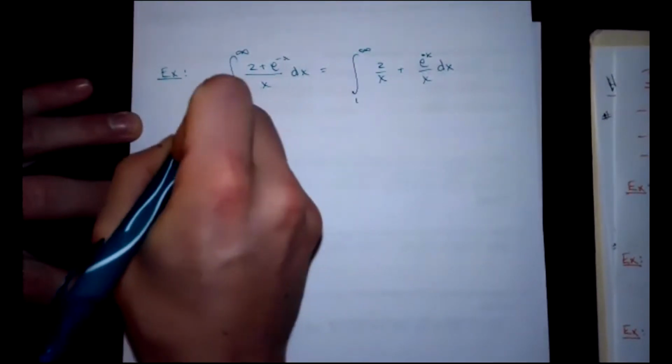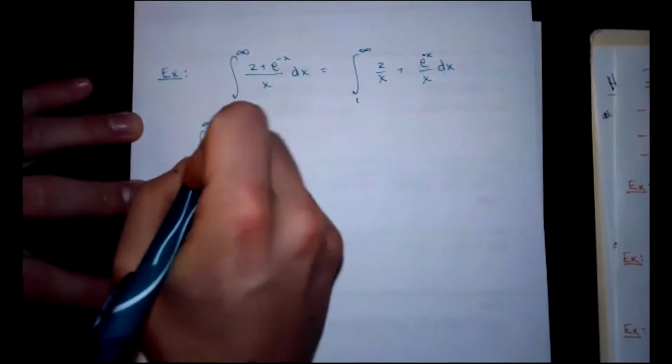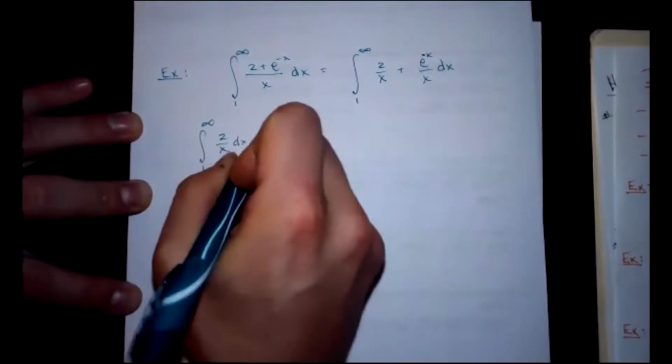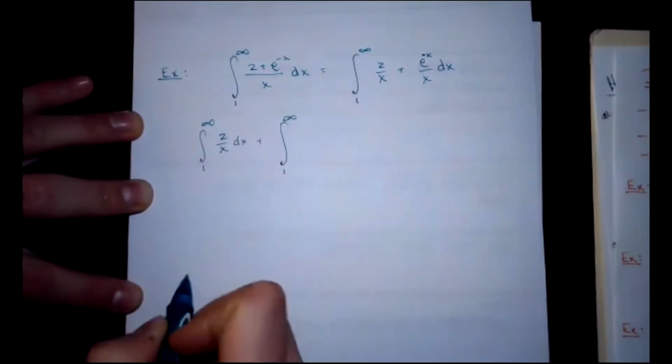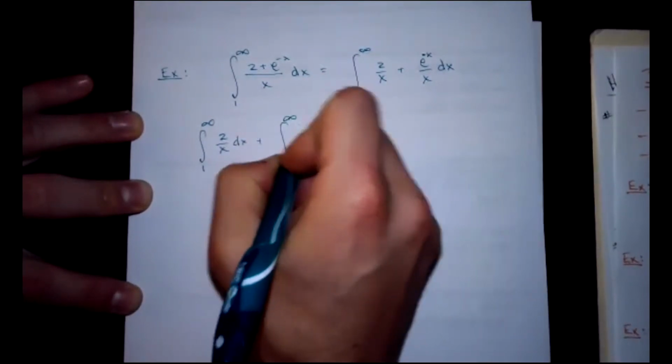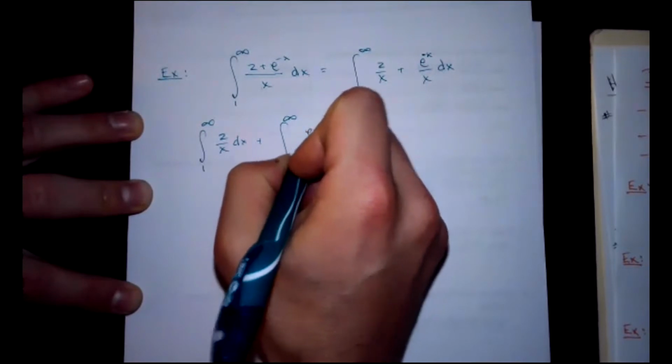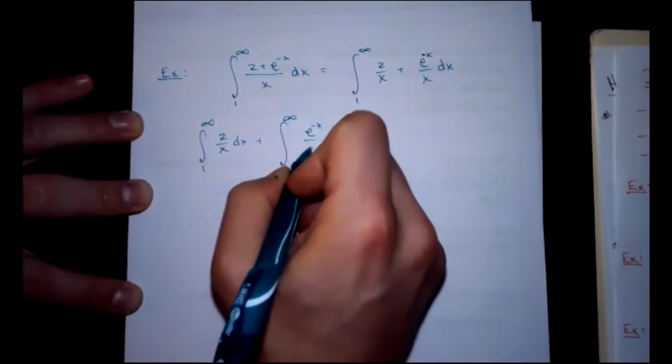Integral of 1 to infinity of 2 over x plus the integral of 1 to infinity of, you can write it as e to the minus x over x.